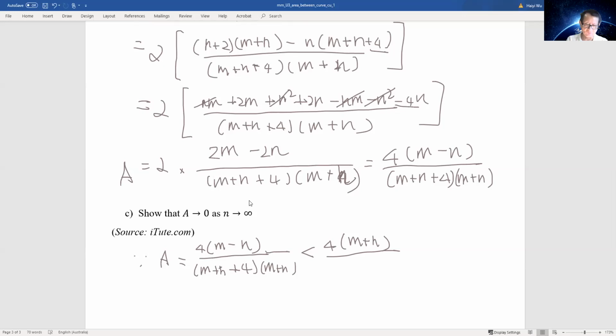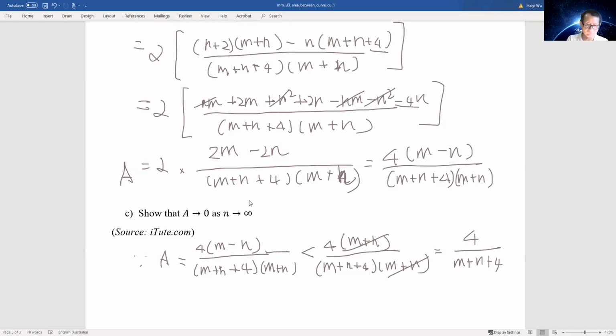So the top number changes to m plus n and this whole fraction will be larger. This strategy is very clever. Can you see when I change to m plus n, those two can cancel out, so the answer will be 4. So our A is less than this.